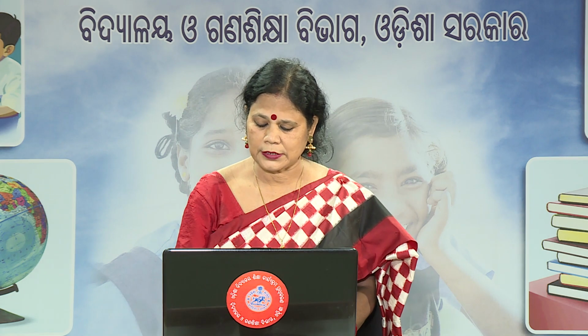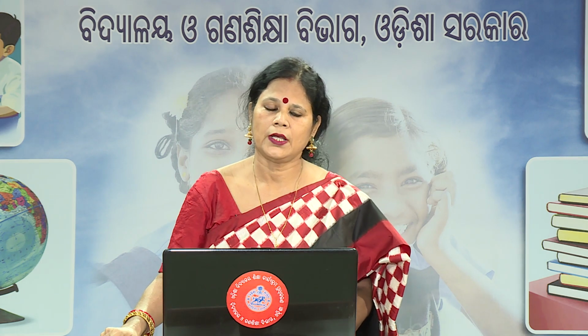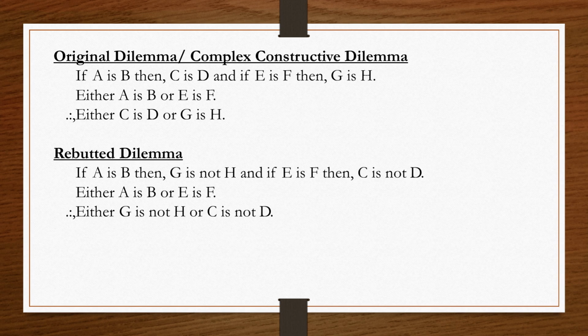Now let us see one example, a symbolic example. The original dilemma is like this. If A is B, then C is D, and if E is F, then G is H. Minor premise, either A is B or E is F. Conclusion, either C is D or G is H. Here you see in the major premise, A is B is the antecedent, C is D the consequent, E is F the antecedent, then G is H is your consequent.